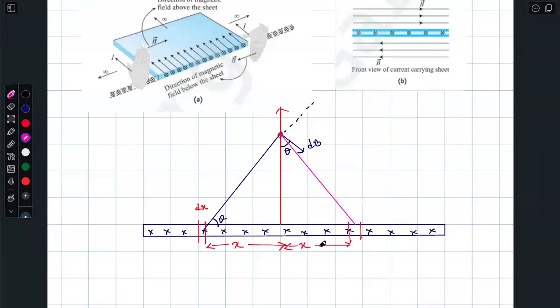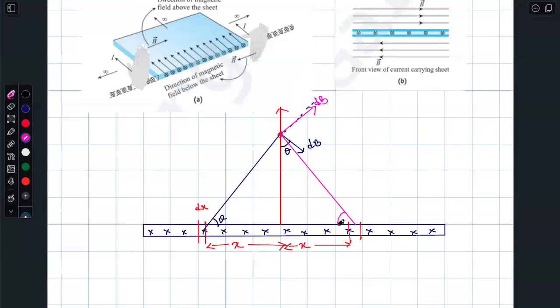This is also an inward current carrying conductor. What is the direction of the field due to this? At right angles to this. That is again dB.